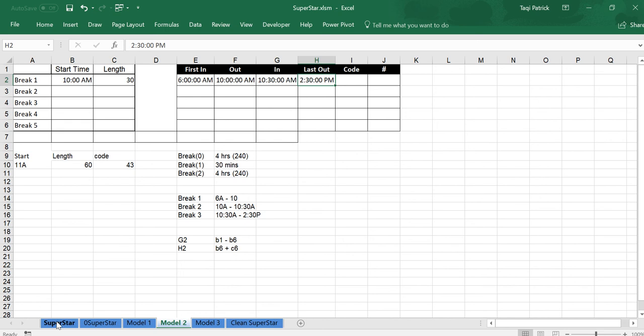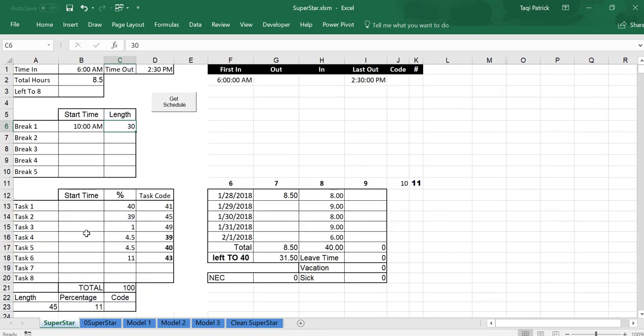When we go down to the Superstar sheet and to our complex timesheet, you see here next to these task codes, I have start time. The way I'm going to deal with a task that starts at a specific time is I'm going to load that with the other time periods and breaks. And we'll talk more about that once we get there.